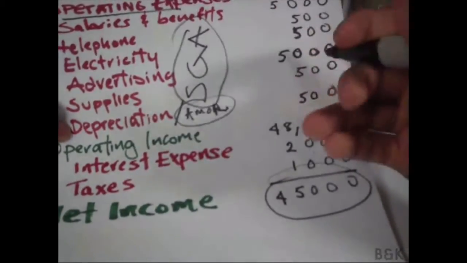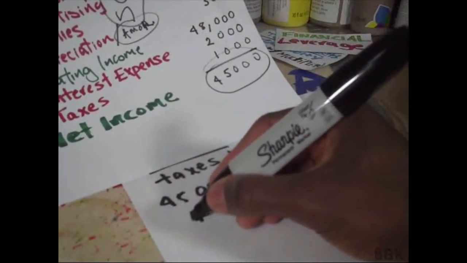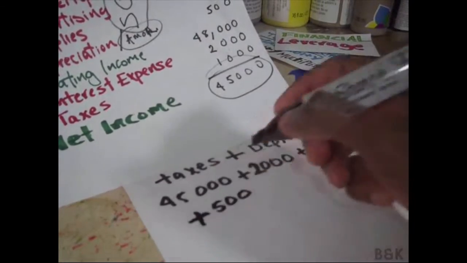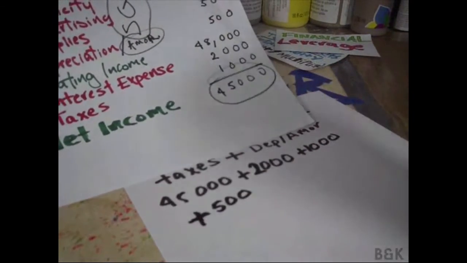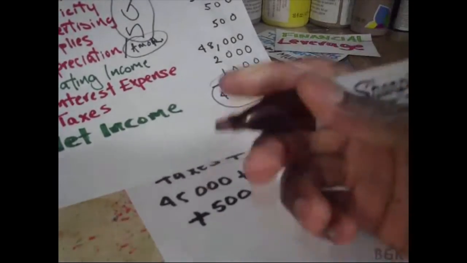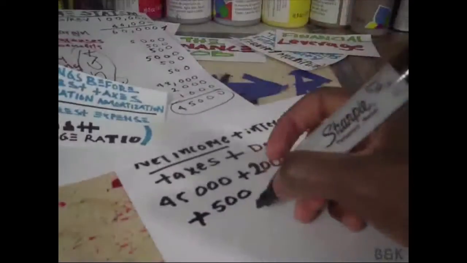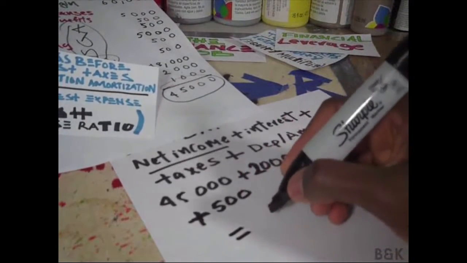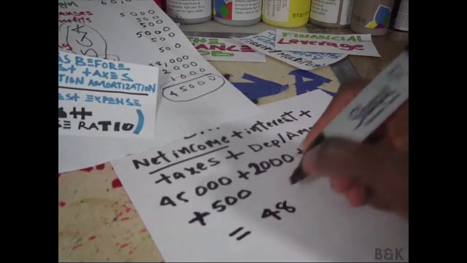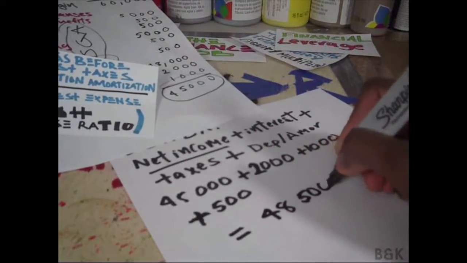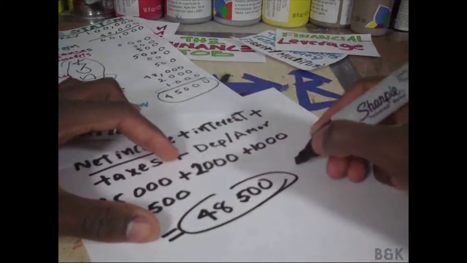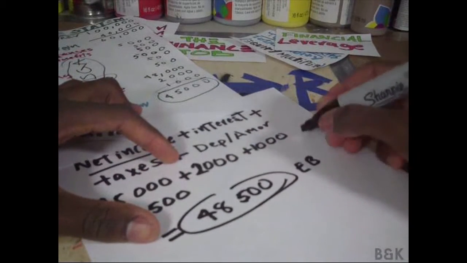We understand that we didn't actually lose any cash, so we're going to add it back in because we want to be able to brag to our banker friend that, hey, look, just lend me some money because whatever interest you charge, I can cover it X amount of times with the cash I bring in, the cash coverage ratio, right? So always think we have to show off to our banker friend. Okay, so this is going to be 48,500. All right, this is our EBITDA.